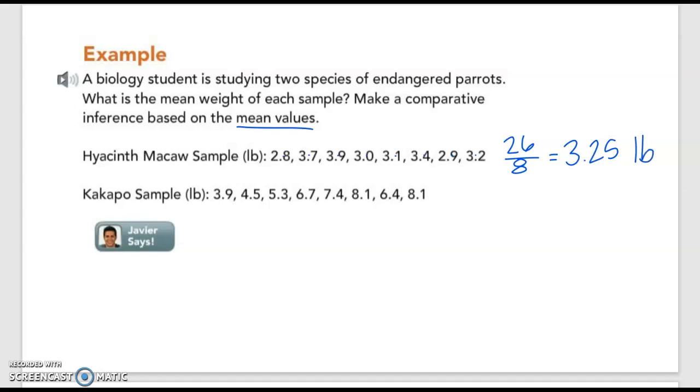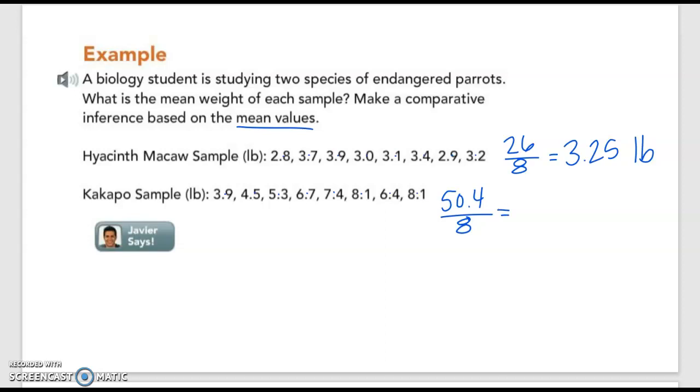Now let's look at the cockatoo sample. We have 3 and 9/10 plus 4 and 5/10 plus 5 and 3/10 plus 6 and 7/10 plus 7 and 4/10 plus 8 and 1/10 plus 6 and 4/10 plus 8 and 1/10. That is a total of 50.4 divided by 1, 2, 3, 4, 5, 6, 7, 8 rows.